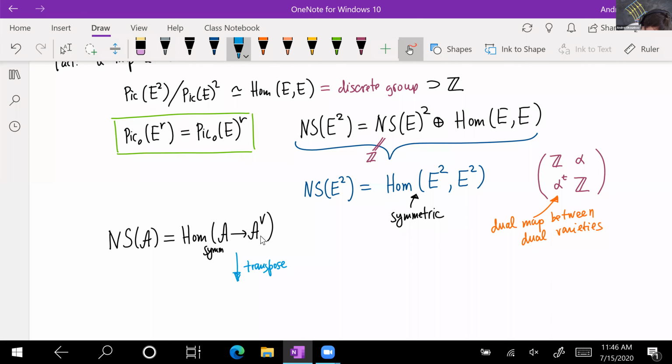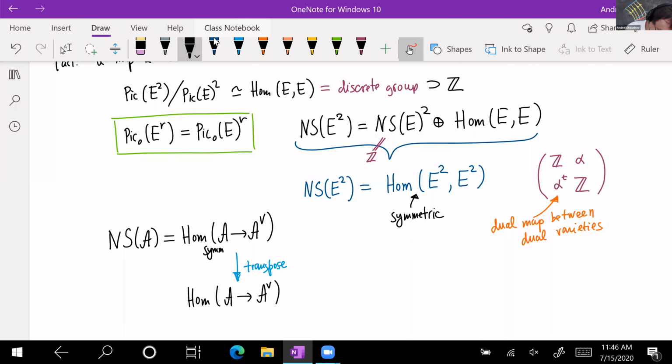If I take the transpose, I get a map between duals, so it goes to the same space. And symmetric means that it's invariant under this transpose.